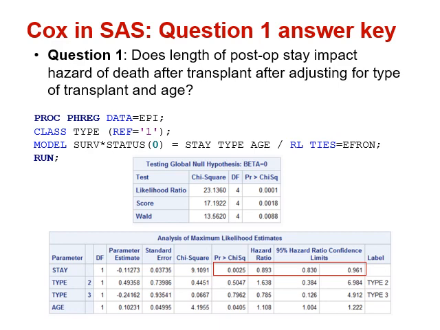Staying longer in the hospital after transplant is protective. You can see the p-value is 0.0025, and as the confidence limit does not include 1, we can say that there is a significant association between length of post-operative stay and the hazard of dying.